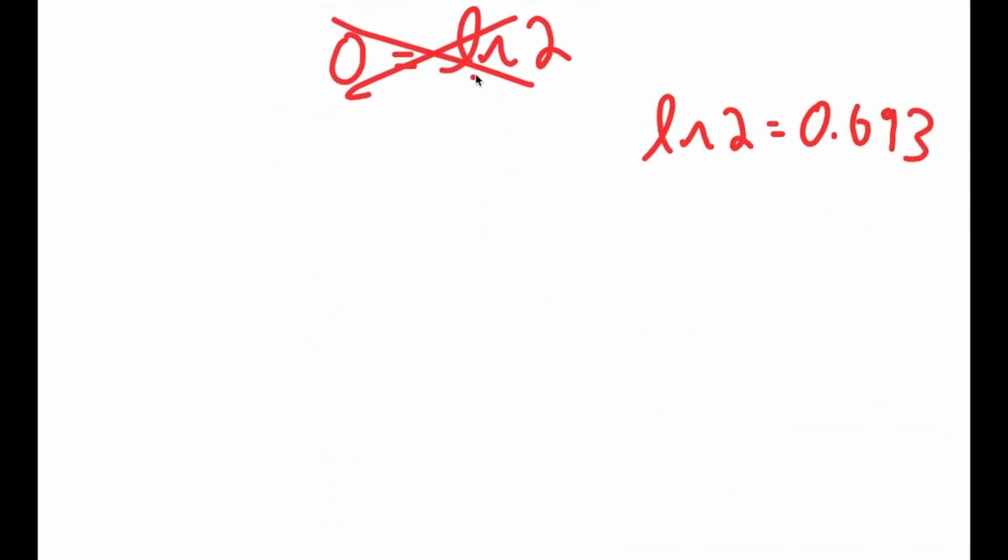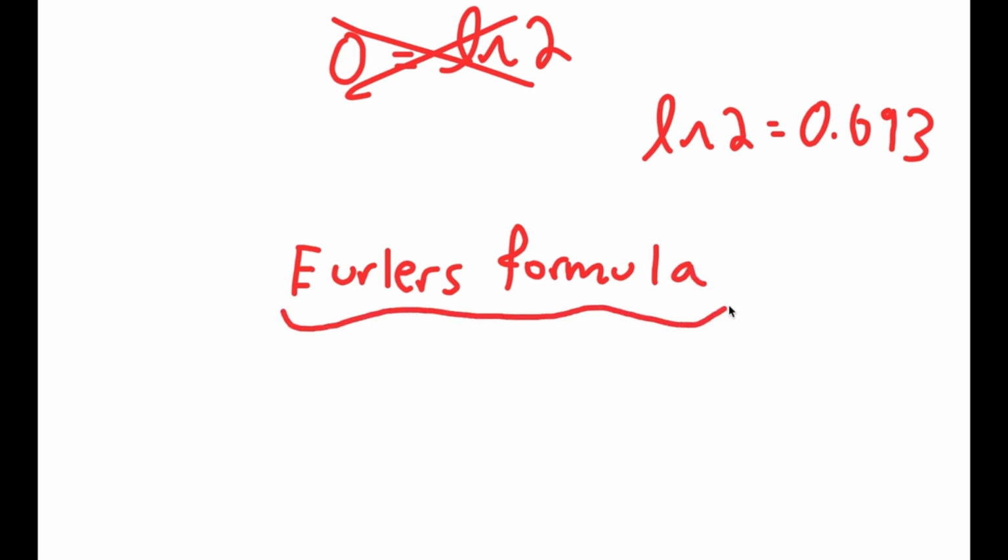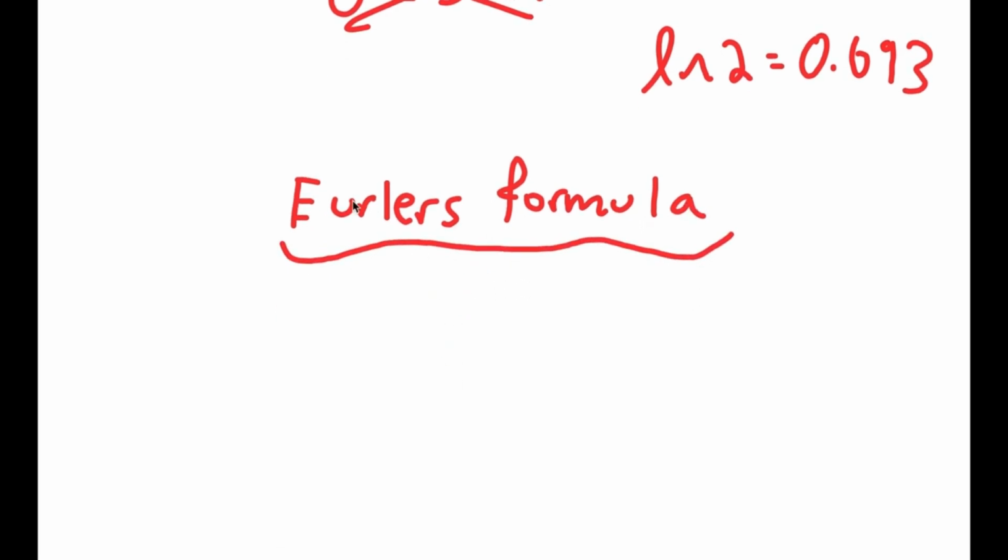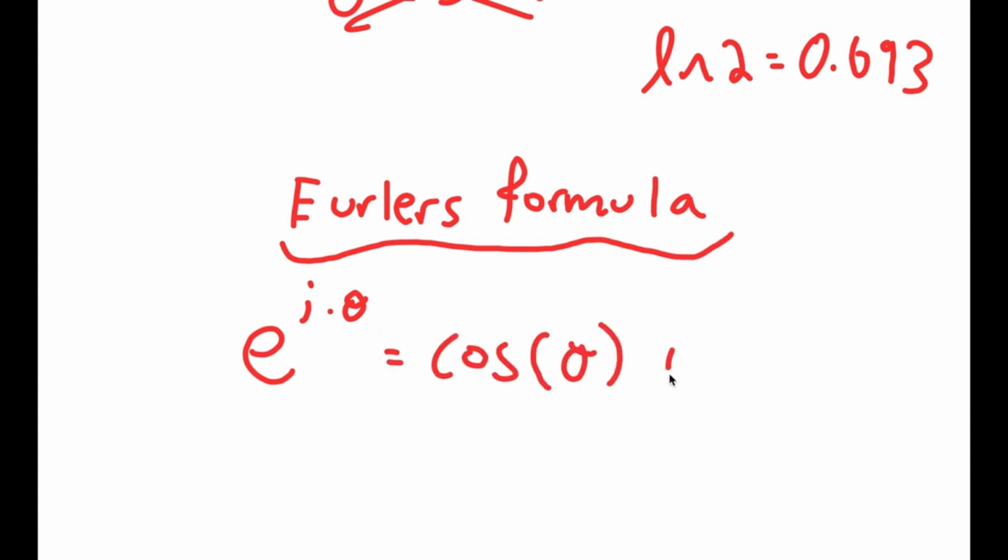Now what I'm going to do is use an important formula known as Euler's formula. So this formula states that if I have something in the form e to the power of i times theta, this is equal to cosine of theta plus i times sine of theta.